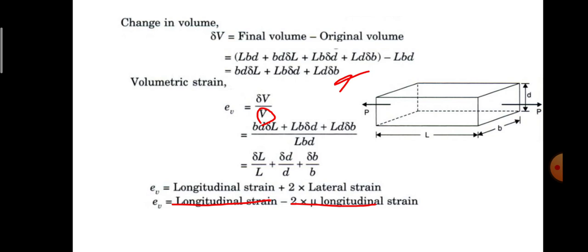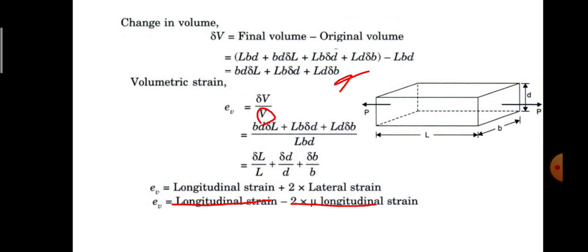So lateral strain can be expressed in terms of longitudinal strain as minus mu times the longitudinal strain, with a negative sign, because the external load applied here is tensile in nature, and we can expect a decrease in dimension perpendicular to the direction of the load applied. So therefore I have got a negative value.